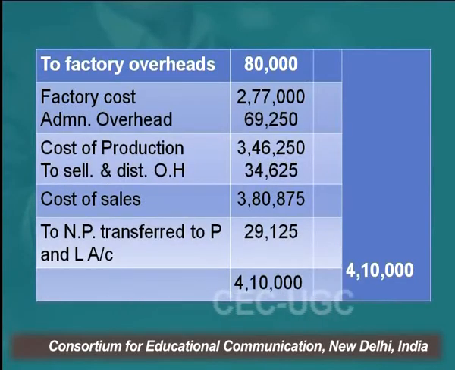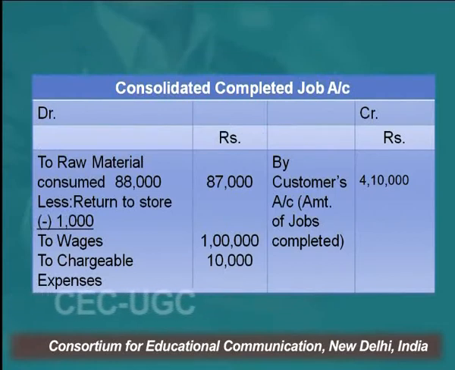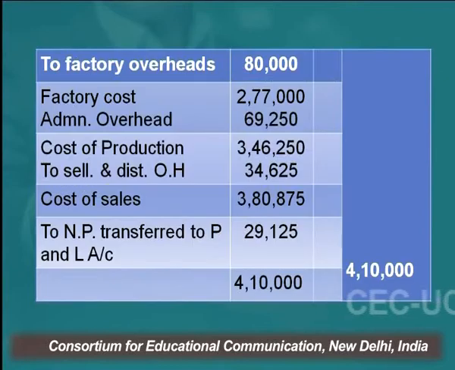Factory overheads are 80,000 rupees. If you add up the material cost, the wages cost, and chargeable expenses along with factory overheads, the factory cost comes to 2,77,000. Then to the factory cost you add administrative overheads.